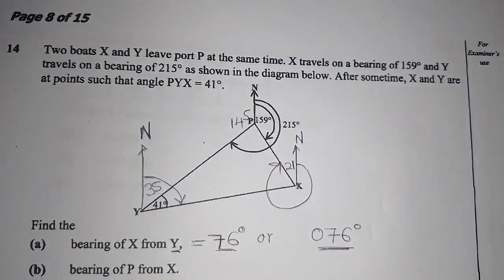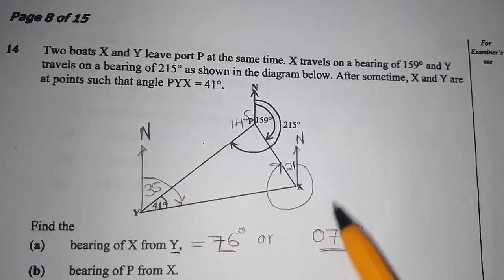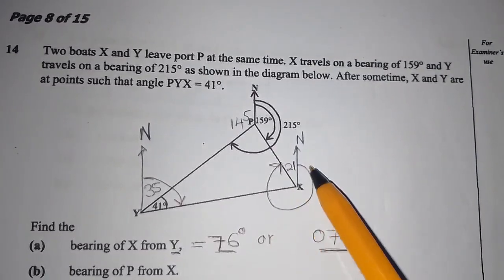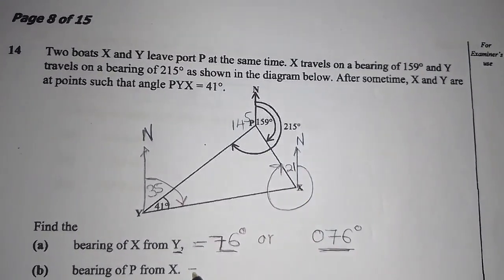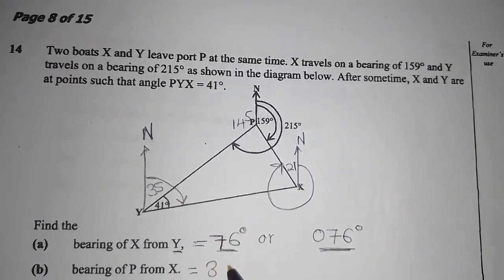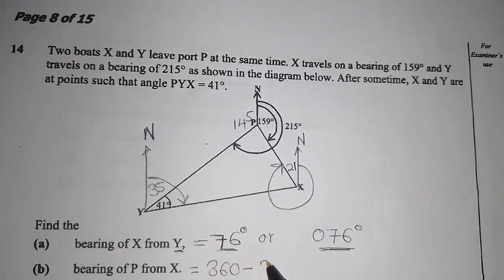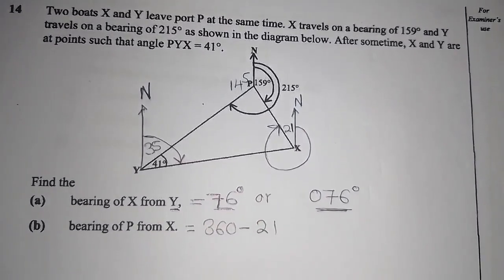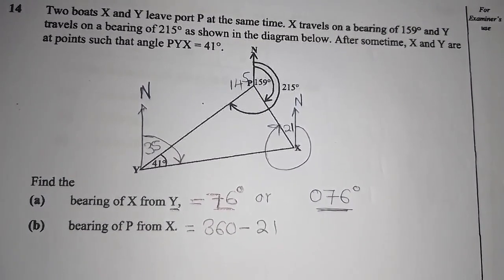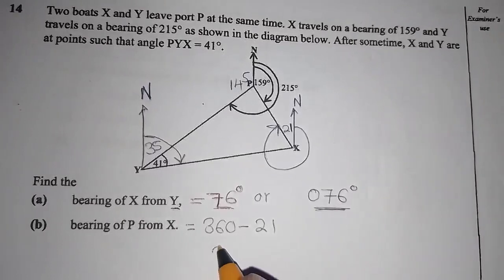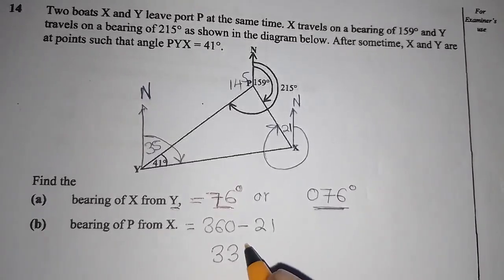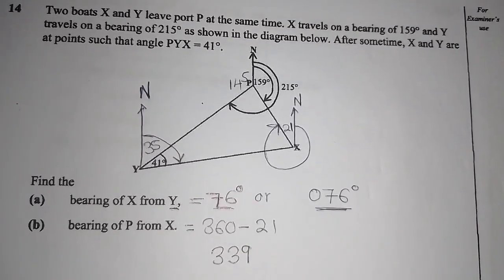This is your answer, 21. So from a complete turn, just remove the 21, then that's the bearing. You just say 360 minus 21. What answer are you going to get? You are going to get 339.